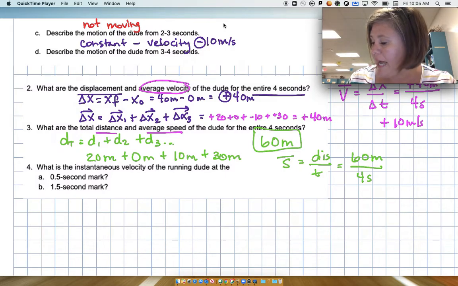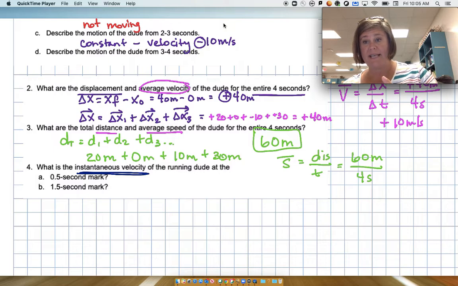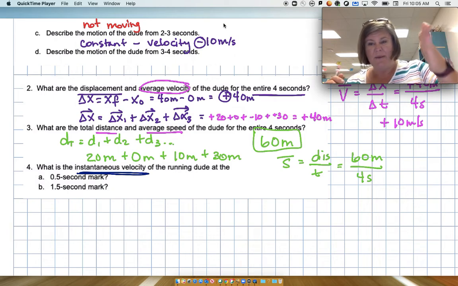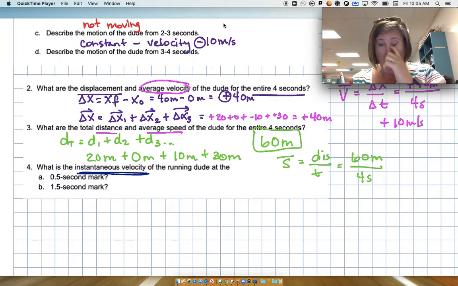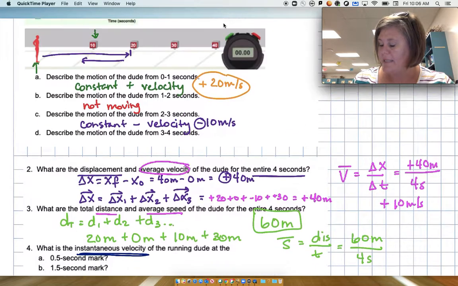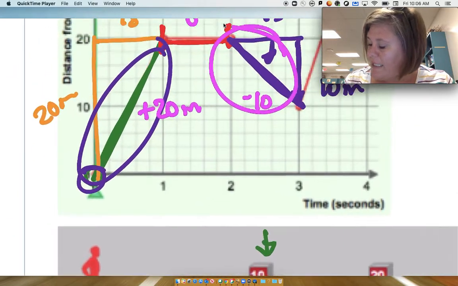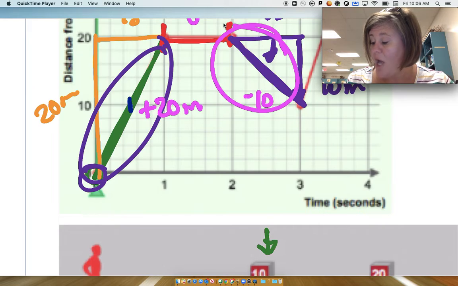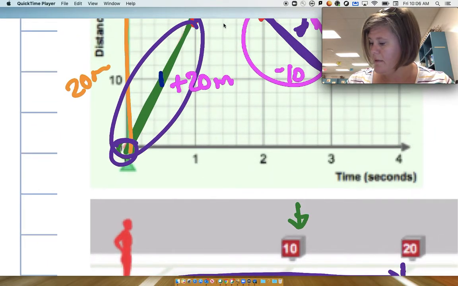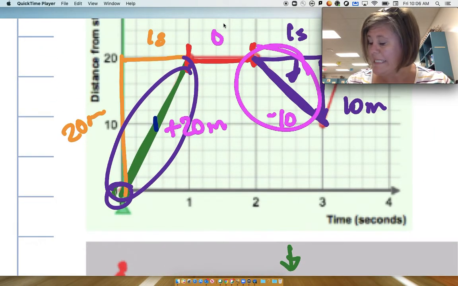Now, the only other thing I want to point out here is instantaneous velocity. So we know the average velocity is that positive 10 meters per second. The instantaneous velocity is like the velocity at a specific point in time, okay? So here, this is really easy. We want to know the instantaneous velocity at the 0.5 second mark. So right here, 0.5 seconds, all you need to do, because this is a constant non-changing velocity, this is the slope.